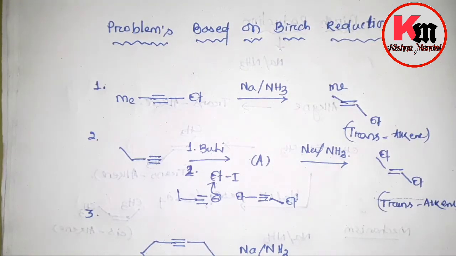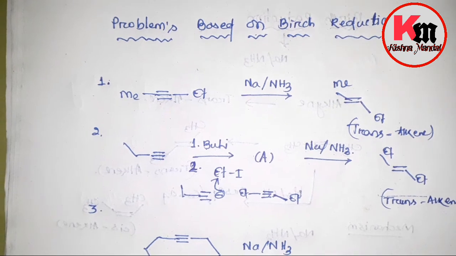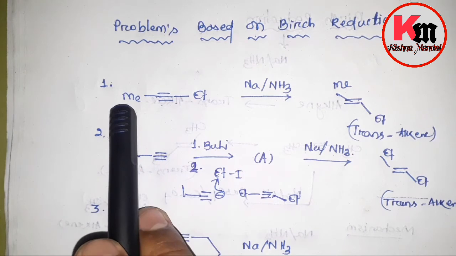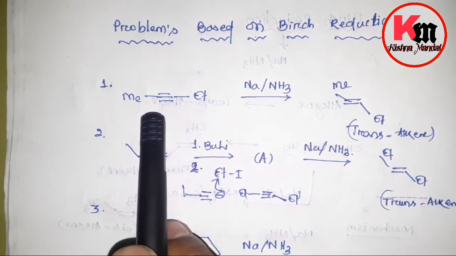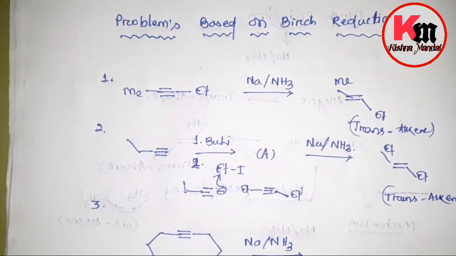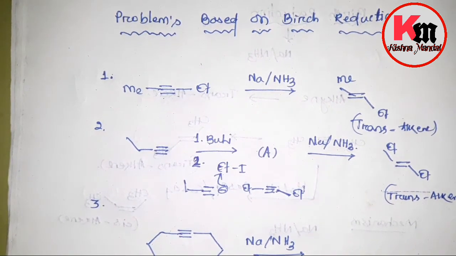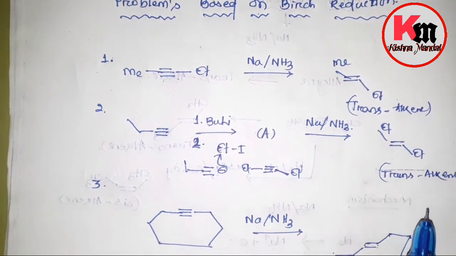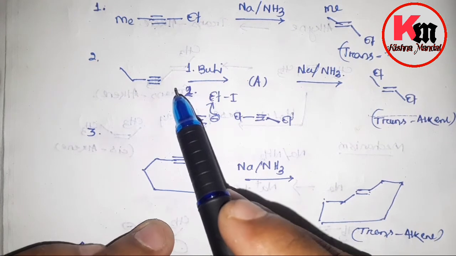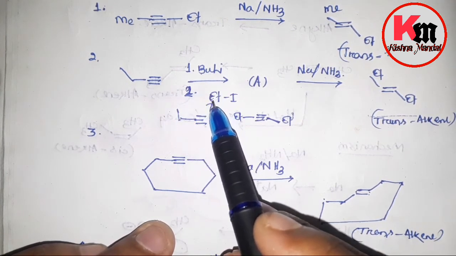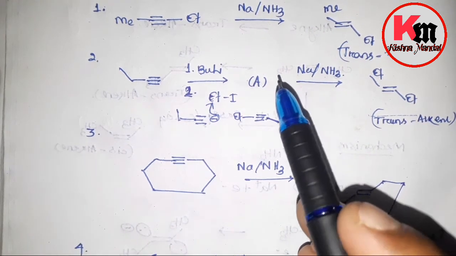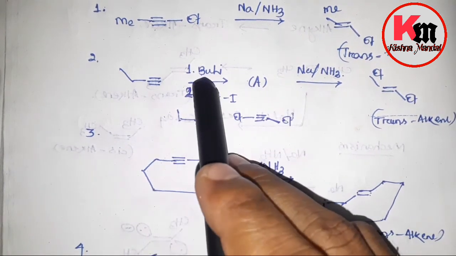So let's see some problems based on Birch reduction. Here one alkyne is given, with two groups, one is methyl and one is ethyl. Simply this alkyne is reduced by Birch reagent, that is sodium in presence of liquid ammonia, and it gives trans alkene. In this example two reagents are given, one is BuLi and the second step is ethyl iodide, and in the last step Birch reducing agent is given.